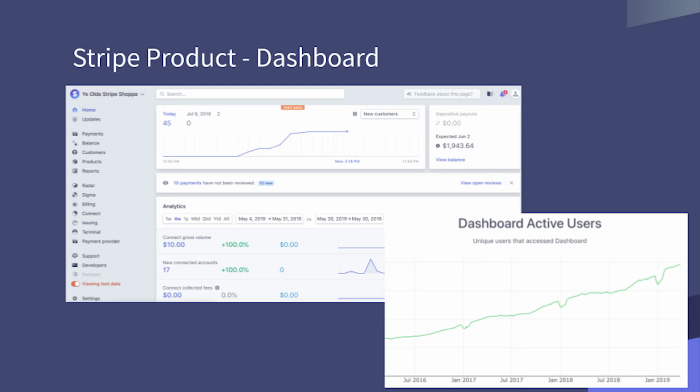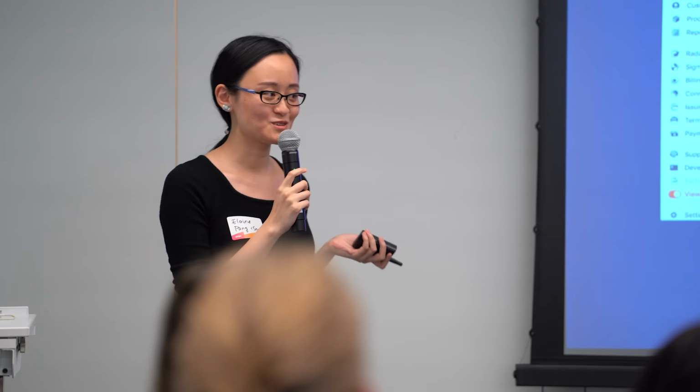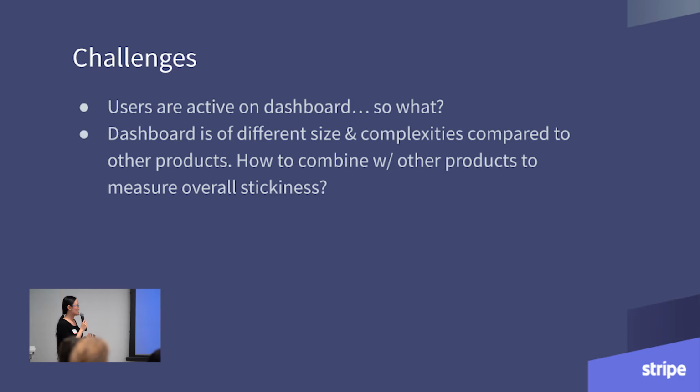And if you click into other tabs, it introduces you to the features of the products and all that. So you can imagine a user can use the dashboard to do so many different things. But historically, the team has been tracking the number of dashboard active users. And you can imagine it's not super useful for the team, mostly because, okay, users are active on the dashboard, so what, right?